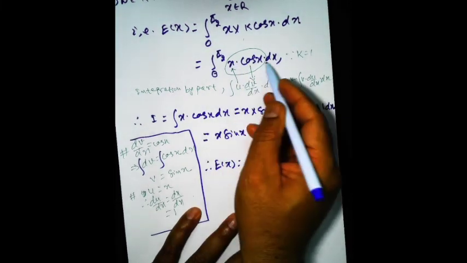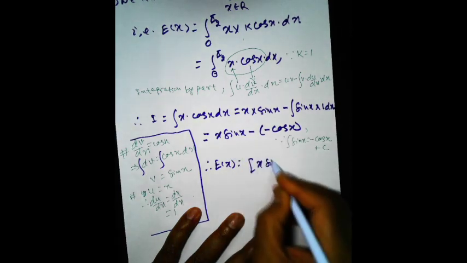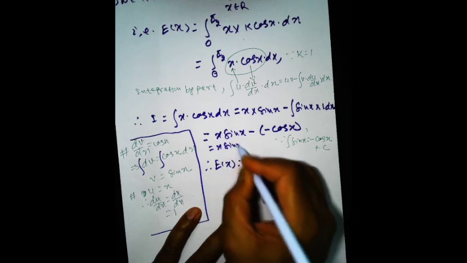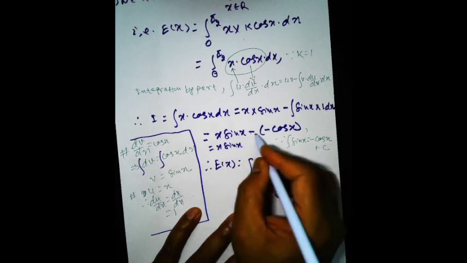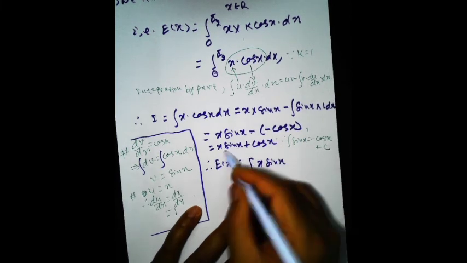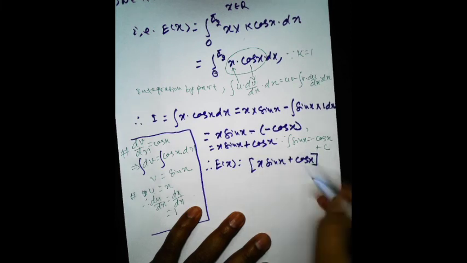So this is the integration of x cos x, and we have that integration as x sin x minus minus, which is plus. So it is x sin x, negative times negative is positive, so it is cos x, and then it is x sin x plus cos x, and then the limits are 0 to pi by 2.